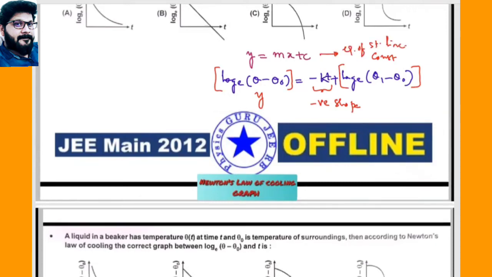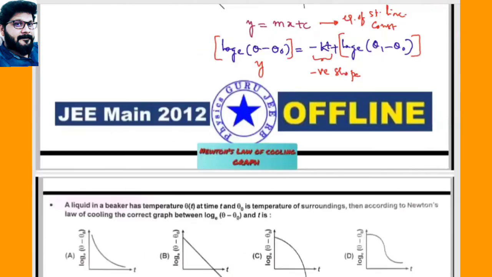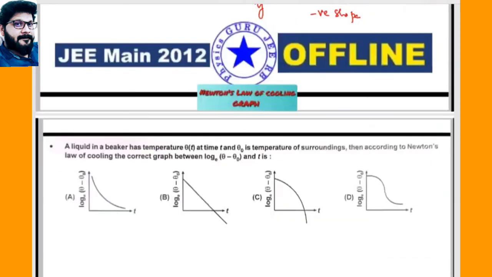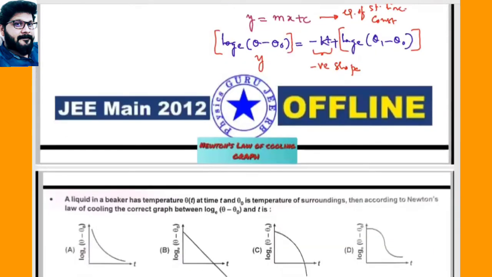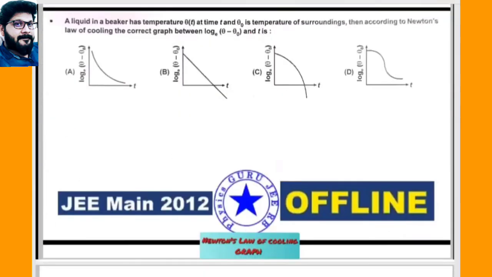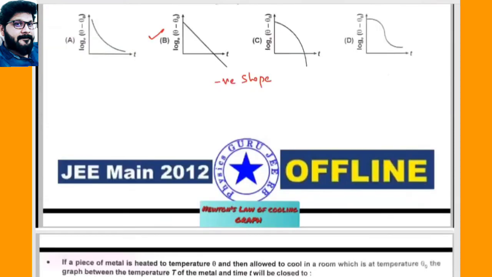So when you compare the equations, the correct option is negative slope. This is giving a negative slope of the equation, with log base e of (theta minus theta naught) taken on the y-axis.